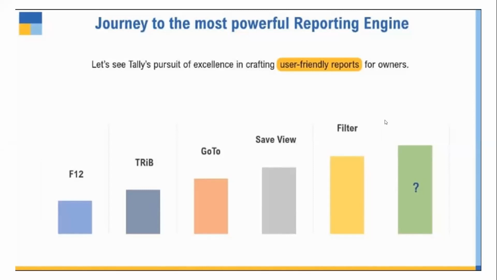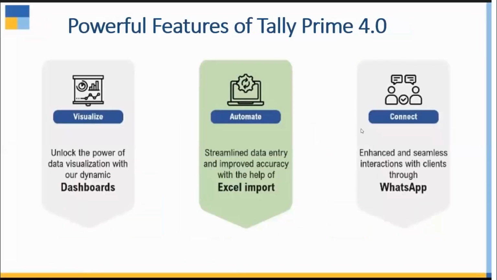So what next? Tally came with the next powerful point, Tally Prime 4.0, which was launched today on the Tally website. Now Tally Prime 4.0 is available online with these powerful features. The main feature is dashboards. Many of us, when we renew or buy Tally, were given dashboards.